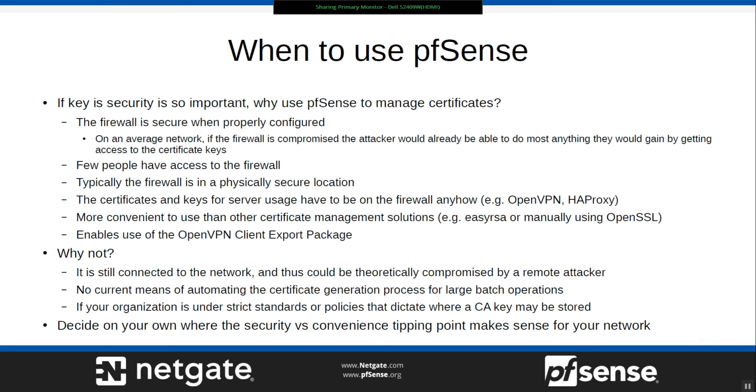It's just something that I thought there could conceivably be some either legal or corporate policy that you need to follow for that kind of security. But ultimately, it's up to you. Decide where you want to do it, where it makes sense for you and your network. Odds are, for the typical pfSense user, managing them on pfSense is going to be the way to go.